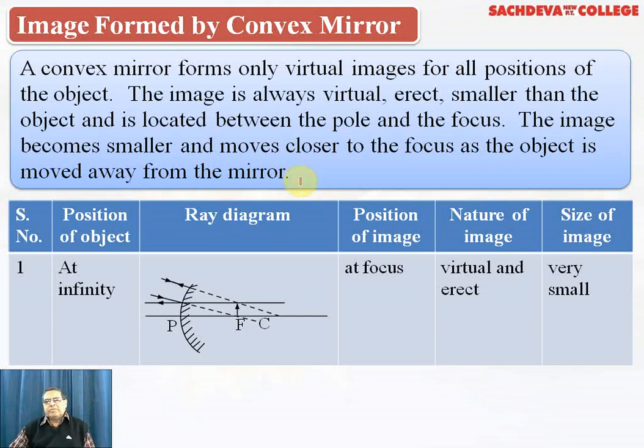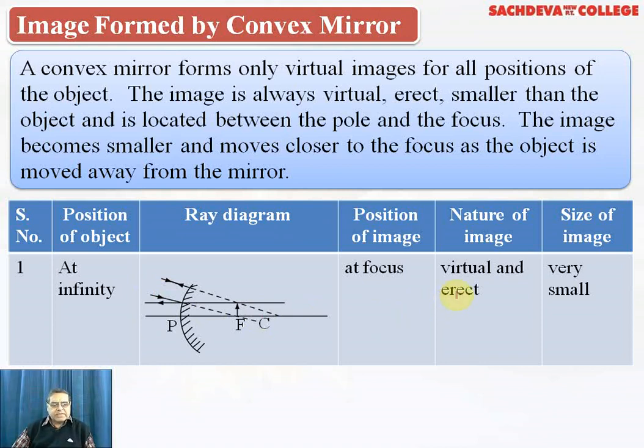Any image which is not obtained on a screen is called virtual. It is on the other side of the mirror. Now, the position of the object is indicated, that is at infinity. Obviously, the rays will come from infinity, strike the mirror, and then get reflected.